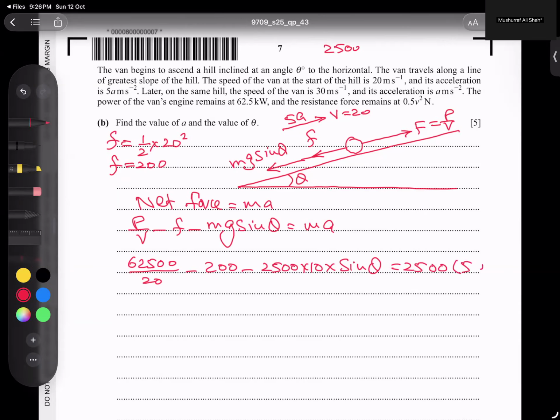So I'm typing in the calculator 62500 divided by 20 minus 200. I got here 2925 minus 25000 sine theta is equal to 2500 into 5, which becomes 12500 acceleration. This is equation number 1.